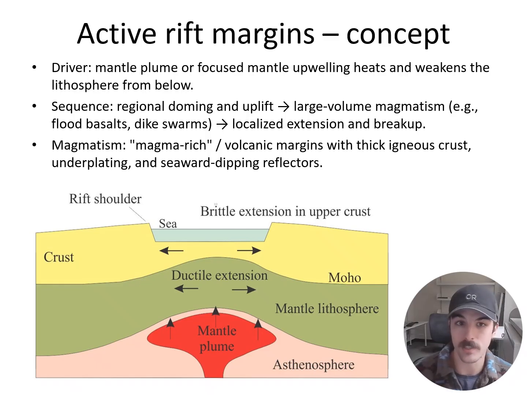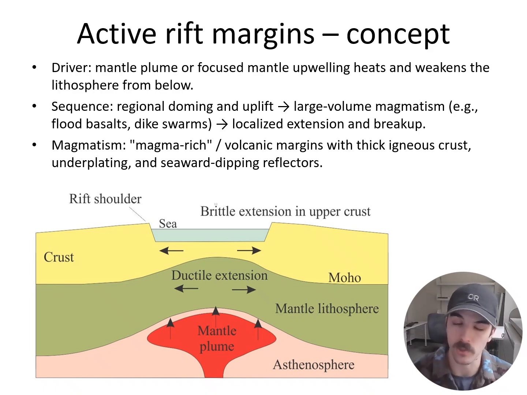The magmatism is described as magma-rich, volcanic margins with thick igneous crust, underplating, and seaward dipping reflectors. Don't worry too much about those last 2 points, underplating and seaward dipping reflectors. Those refer to geophysical analyses that we won't dive into too much in this video.